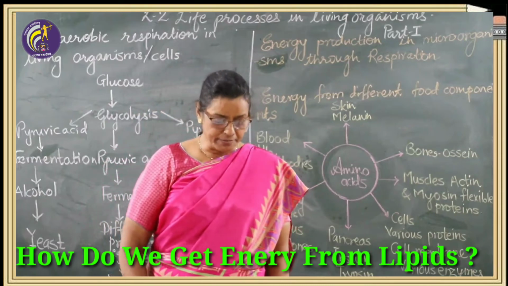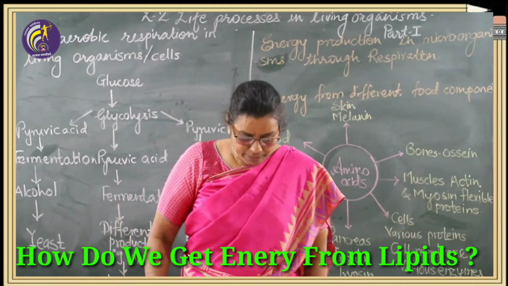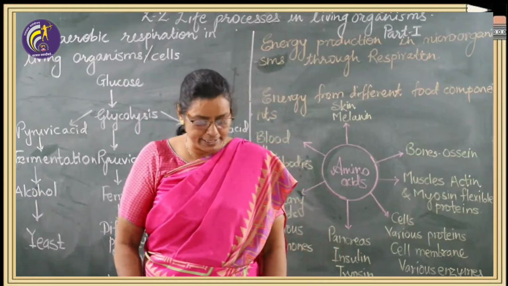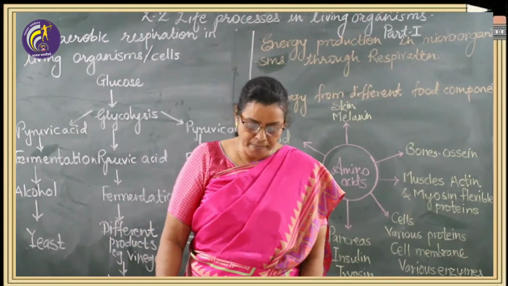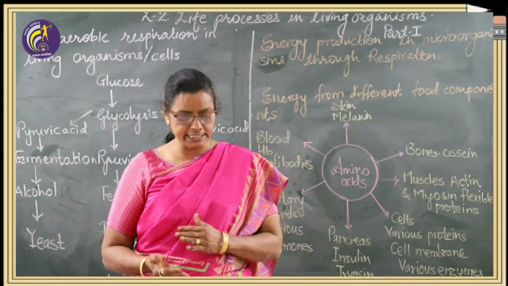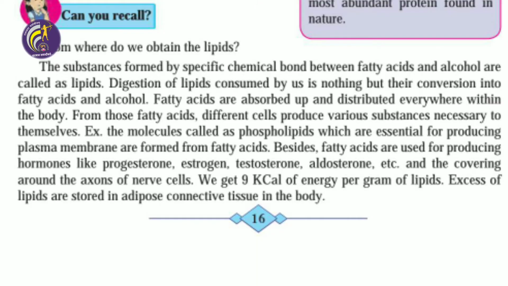Now, we are going to study how we get energy from lipids. From where do we obtain lipids? You all know that the substances that are formed by specific chemical bonds between fatty acids and alcohol are called lipids.